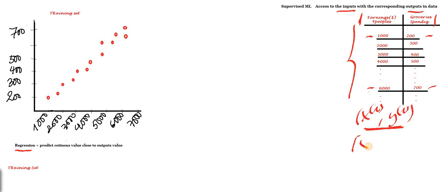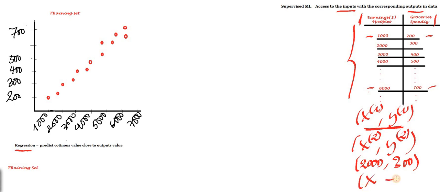So for example, if we have x on index 2 and y superscript index 2, x on index 2 we have 2000, and y on index 2 we have 300. Here we have the input with the corresponding output. So we can perform supervised machine learning tasks because we have the input with the corresponding output.